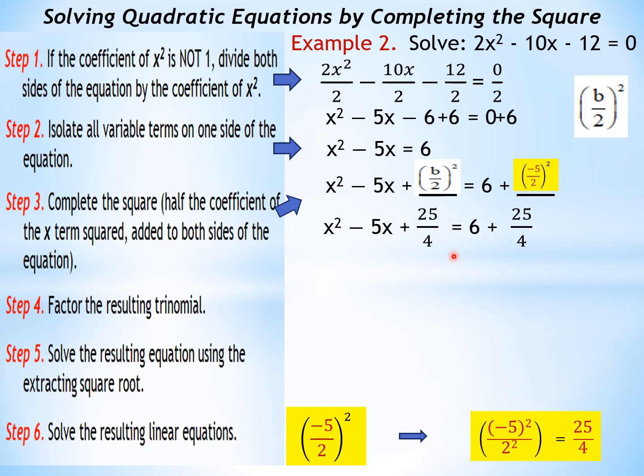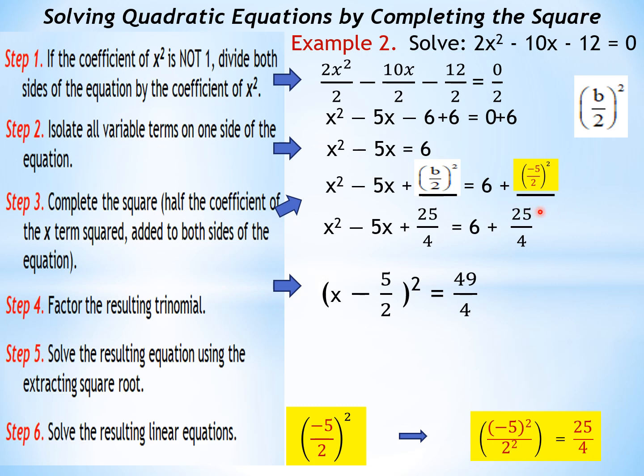Okay? So, heto na siya. So, simplify natin. So, paano natin nakuha yung 49 divided by 4? Pinag-add natin yung 6 at saka 25 divided by 4. So, paano natin pag-addin yan? Ano ba yung denominator nito? 1. 1 times 25 is 25.